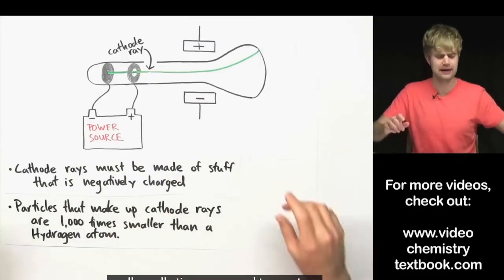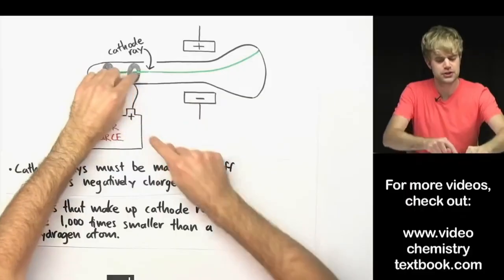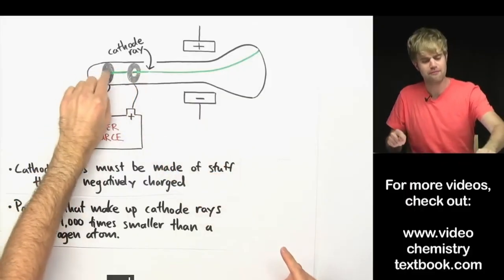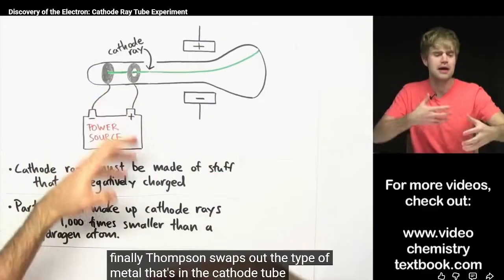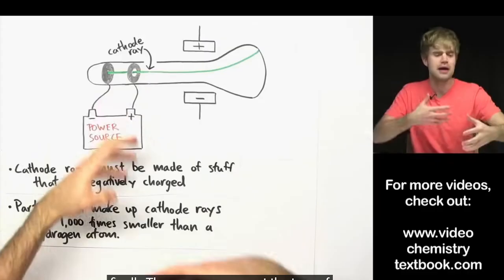And finally, Thomson swaps out the type of metal that's in the cathode tube. So maybe right now, those are made of iron. Okay? That could be the metal they're made of. He's going to now take it, and instead of having iron, maybe he puts in some copper or some zinc.